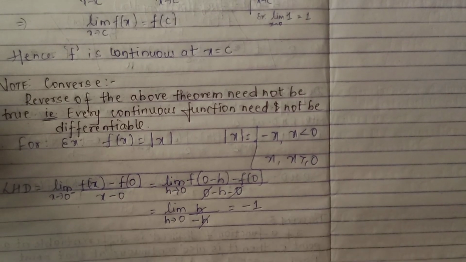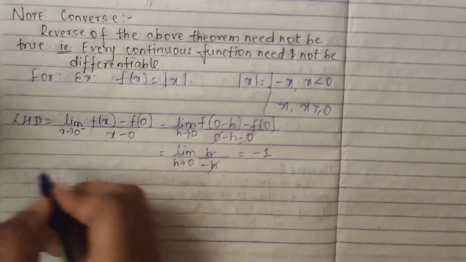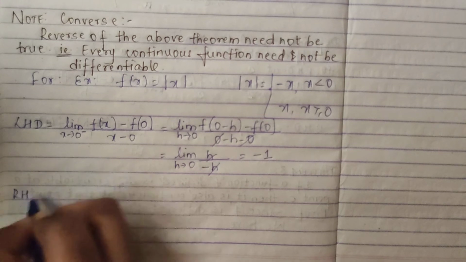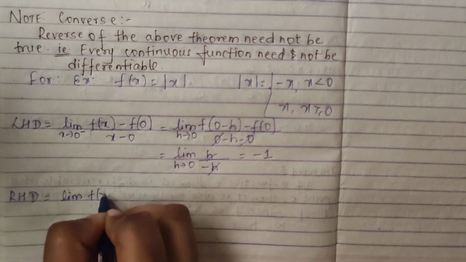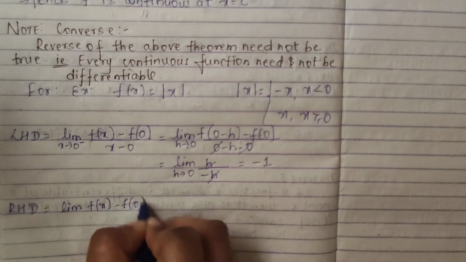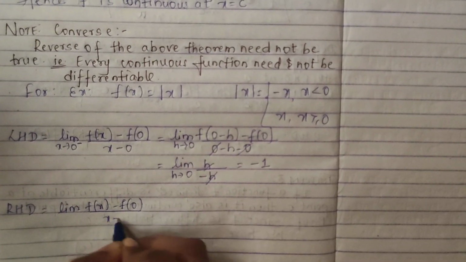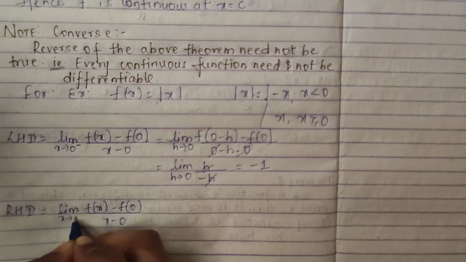So now we will check our RHD. RHD will be limit of f of x minus f of 0 whole divided by x minus 0, as x tends to 0 plus.